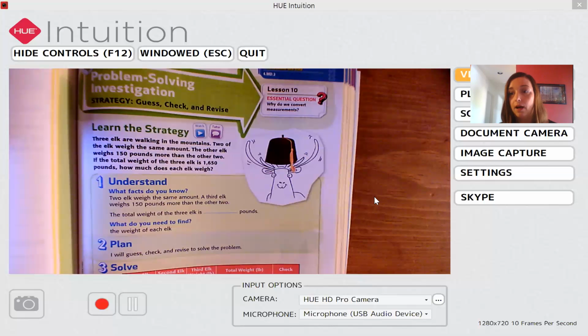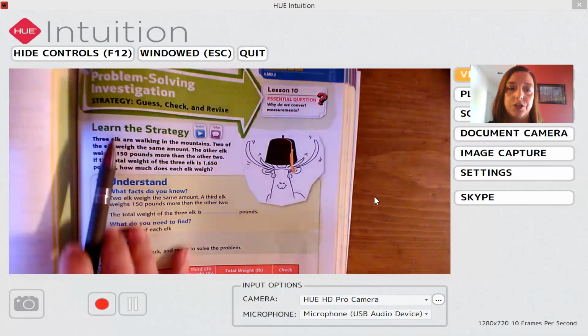Sometimes when you're doing math, you have to make a good guess, and then you have to check your answer, and then you have to change it depending on whether it's reasonable or not. So let's practice this with this problem here.